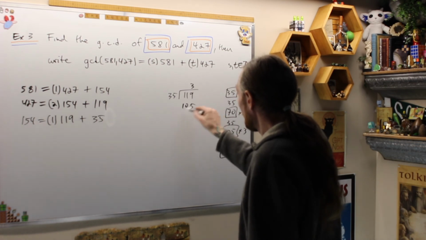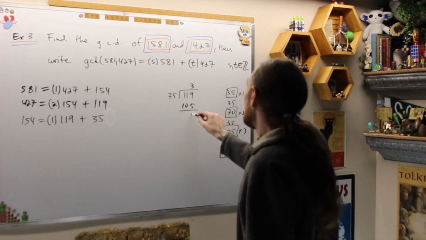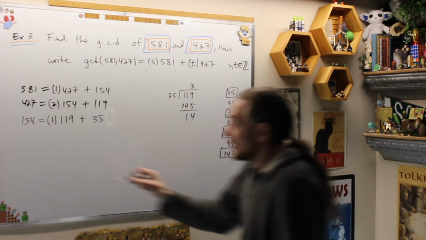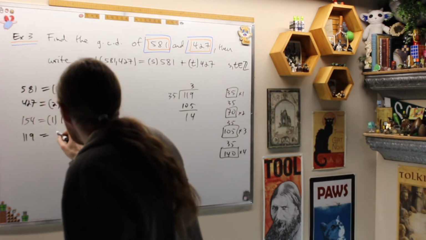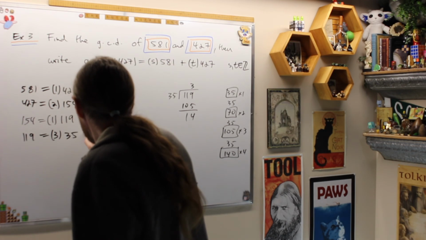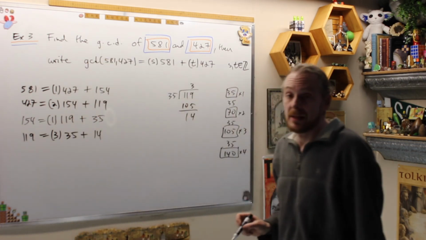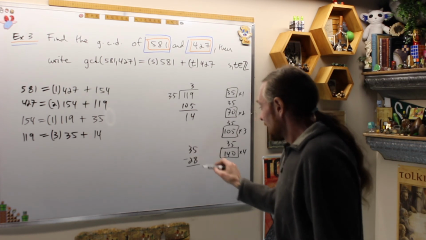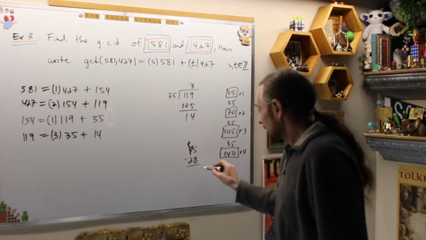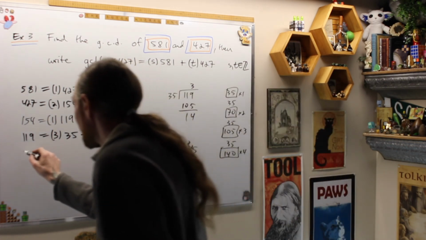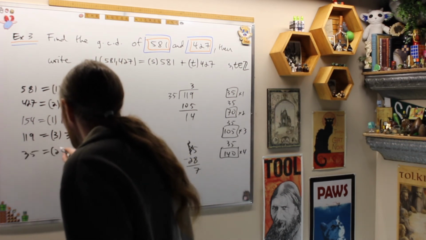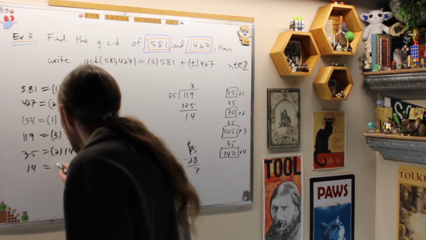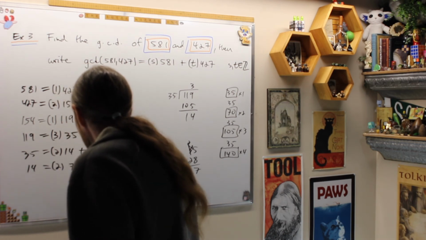I'll get 105, which will leave 14. So this says that 119 is equal to 3 groups of 35 plus 14. 35 minus 28 is going to be 7. So this says 35 is 2 groups of 14 plus 7. And then 14 is going to be 2 groups of 7 plus 0.